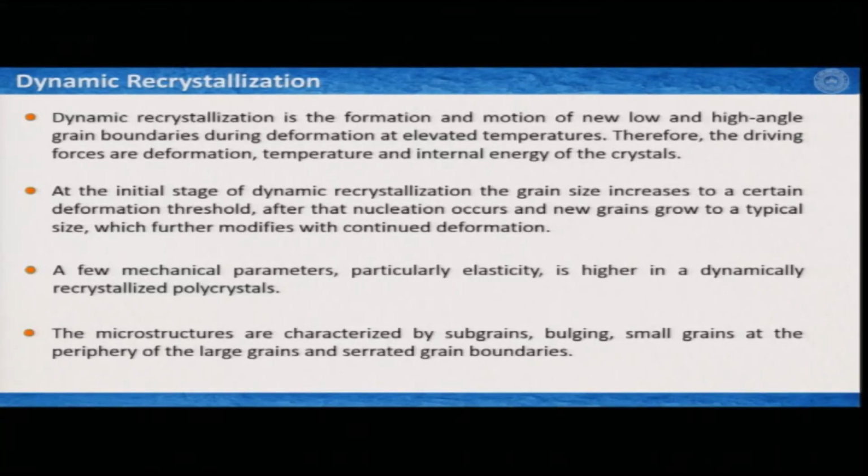Unlike static recrystallization, you have added deformation in dynamic recrystallization. At the initial stage of dynamic recrystallization, the grain size slightly increases to a certain deformation threshold, but after that nucleation occurs and the new grains grow to a typical size, which further modifies with continued deformation, and this is something very interesting for dynamic recrystallization. We will see this with some images.